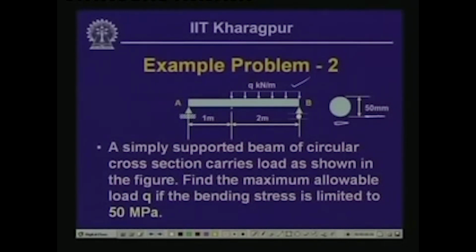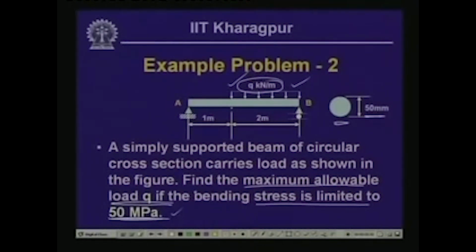Now, what we need to do is find the maximum load Q that can be applied on this beam, so that the bending stress is limited to 50 megapascal. So, here we will have to find out the value of the load Q, so that the stress does not exceed a value of 50 megapascal.